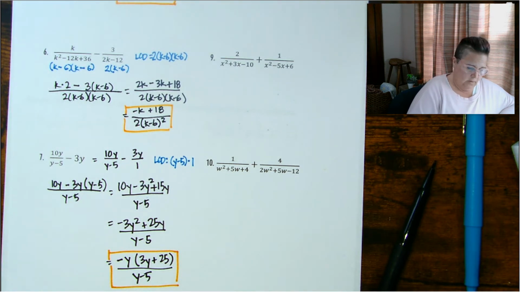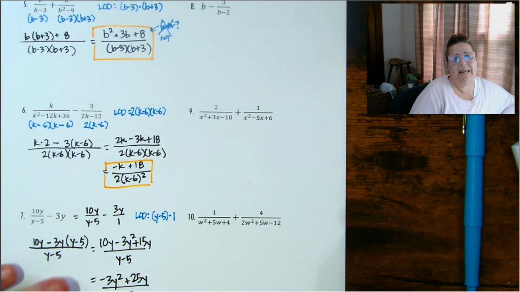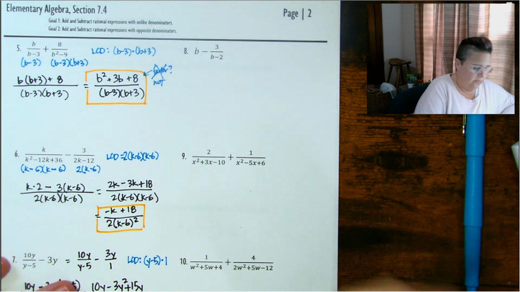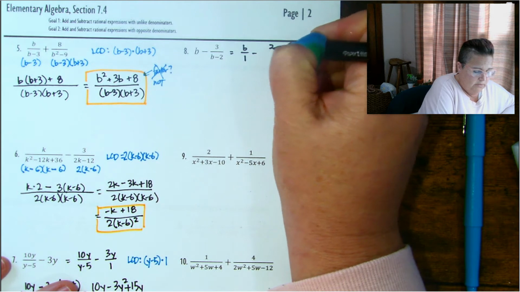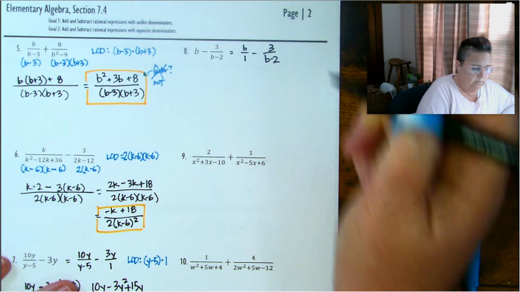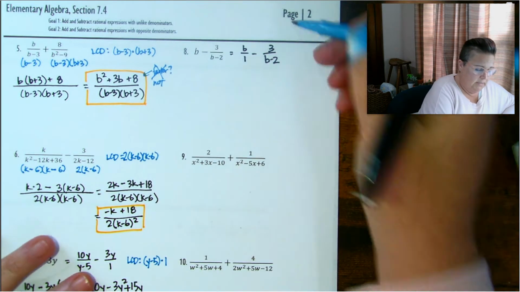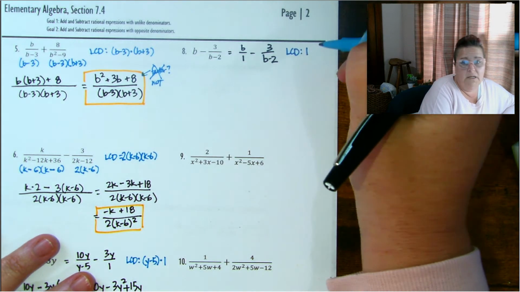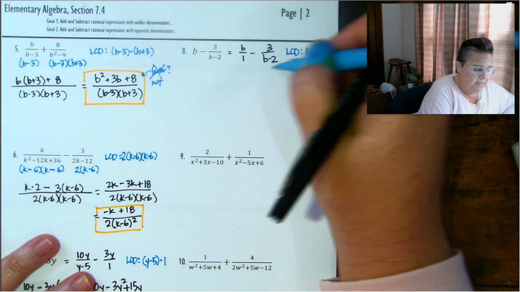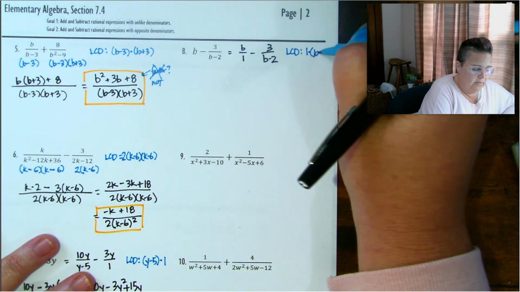All right. We'll do the same thing for problem number 8, only it's just on the front end. So I'm going to rewrite this as b over 1 minus 3 over b minus 2. So now when I do my least common denominator, it's everything in the first denominator, 1, times anything in the second that wasn't already counted. So that's b minus 2.